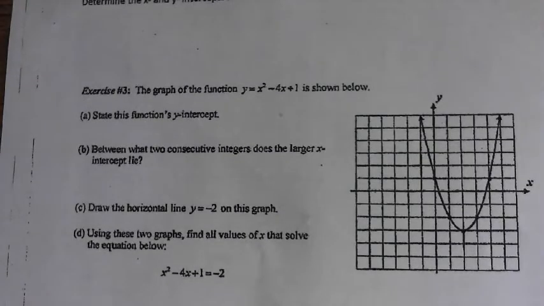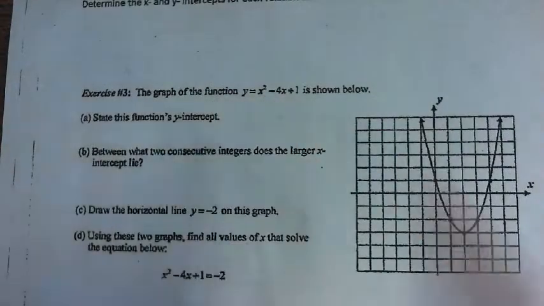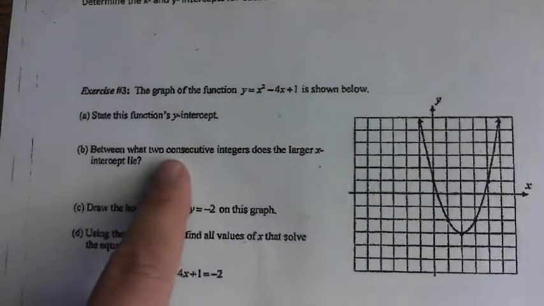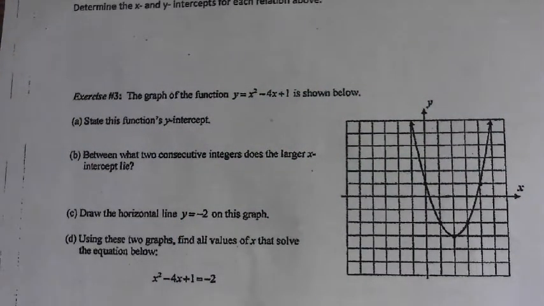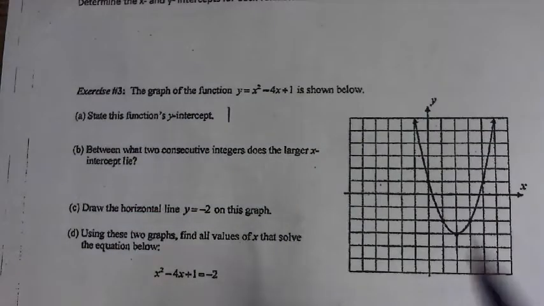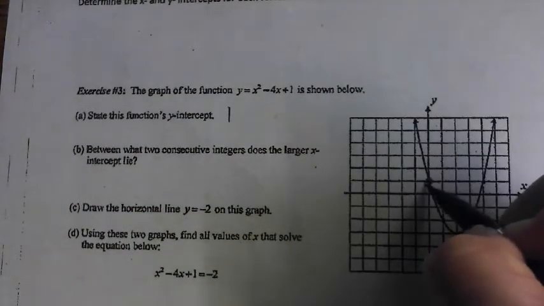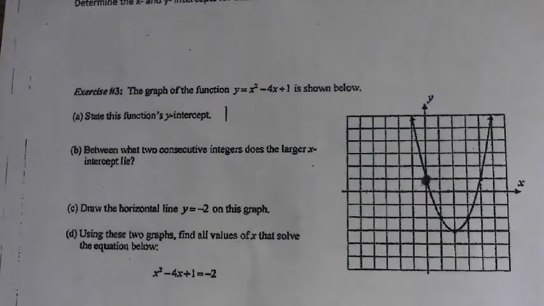Okay, and at the bottom, another quadratic, x squared, we have that parabola shape. State this function's y-intercept. What do you think that is, Owen? One. Very good. What are the coordinates of that point, Eric? 0, 1.